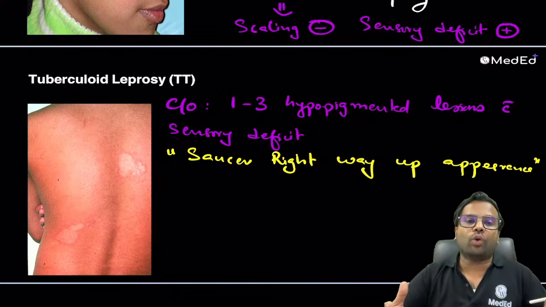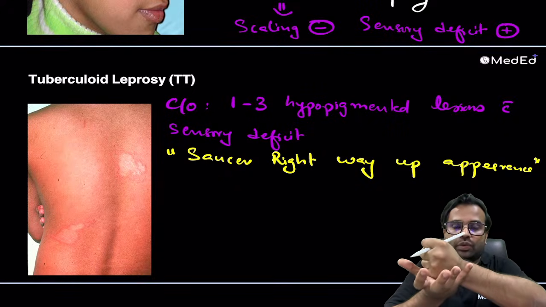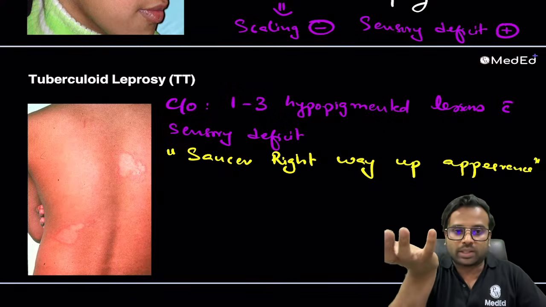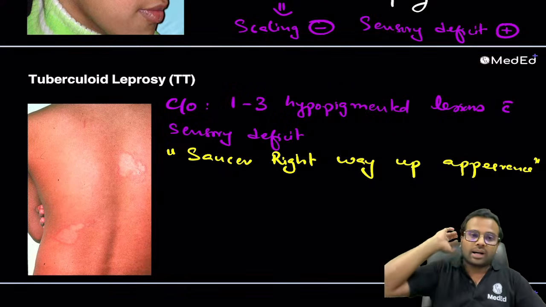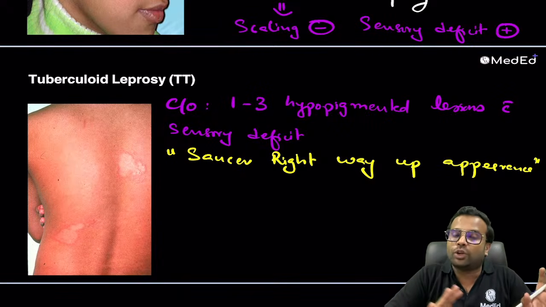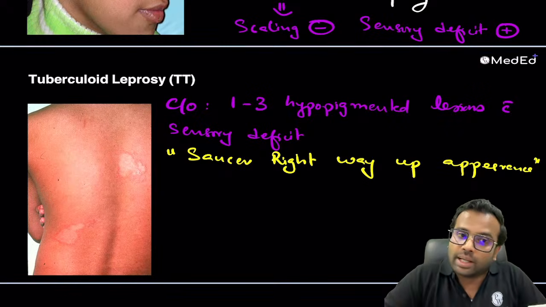All of you know what is a cup and a saucer. You know, cup and saucer, for which we use a cup of tea, isn't it? So if the saucer has a right way up appearance, it is most probably going to be tuberculoid type of leprosy.